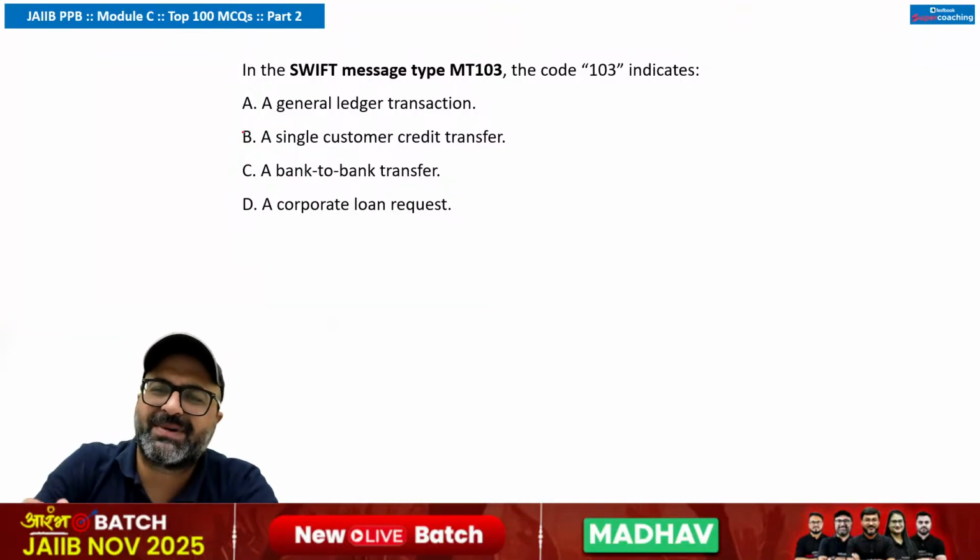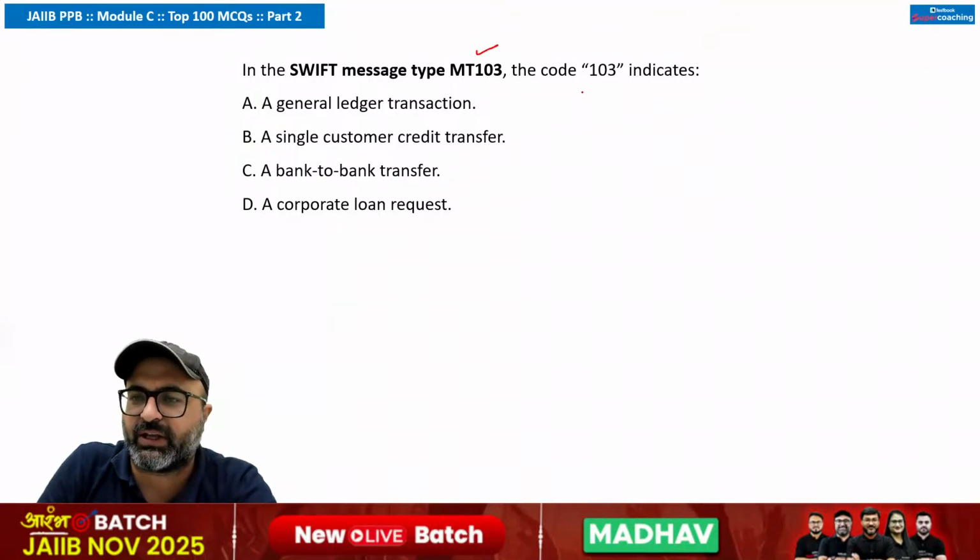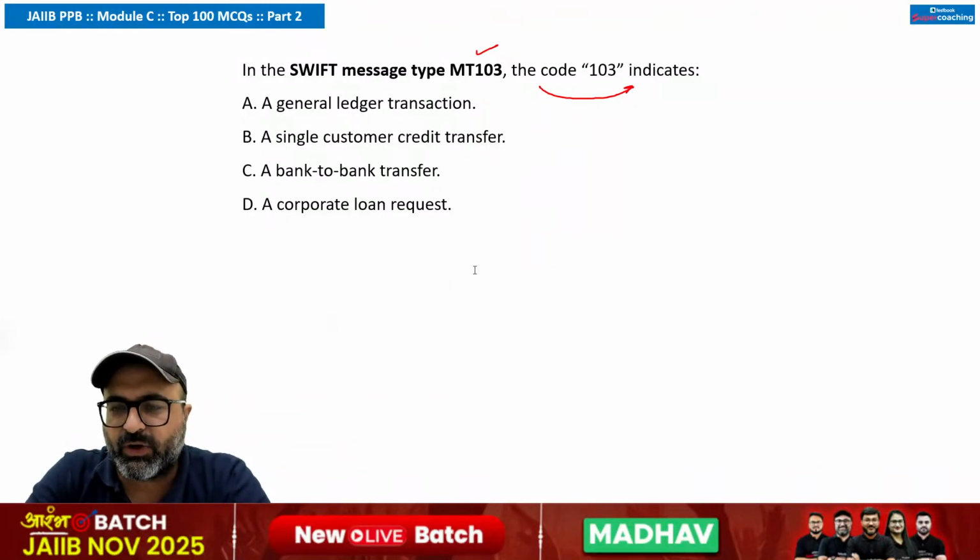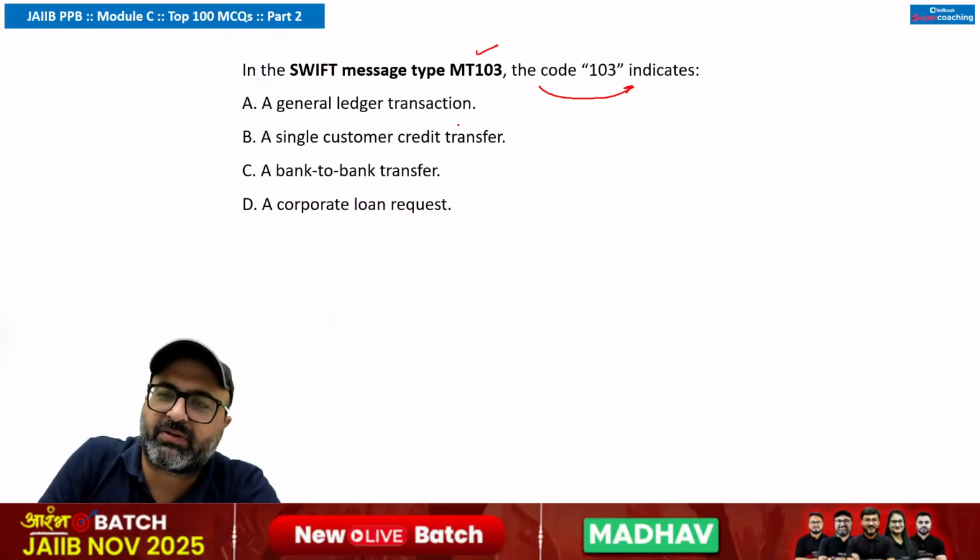In the SWIFT message type MT103, the code 103 indicates what? When we talk about a general ledger transaction, it starts with GL, so this is incorrect.